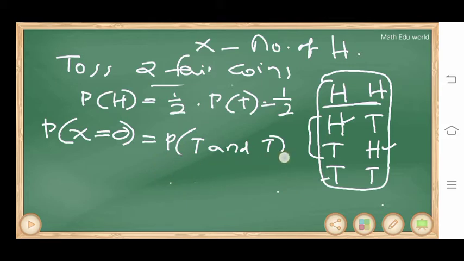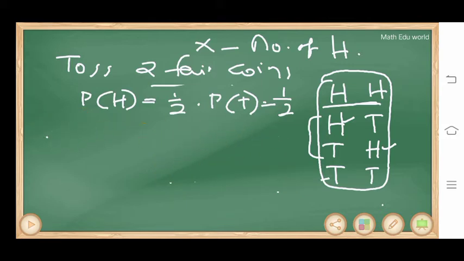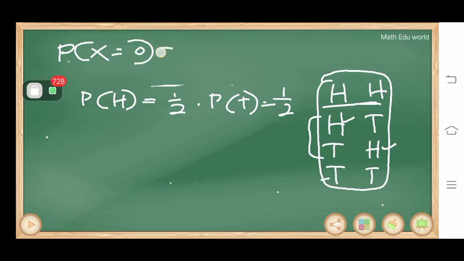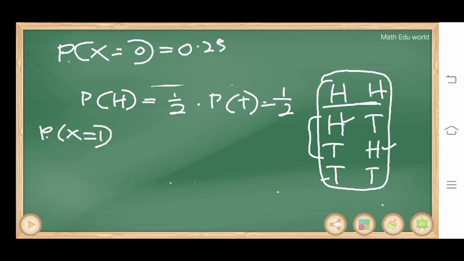Now it's our turn to find the probability of X equal to 1. We got the probability of X equal to 0 as 0.25. Now let's find the probability of X equals 1, that means 1 head. In this case you get two chances.